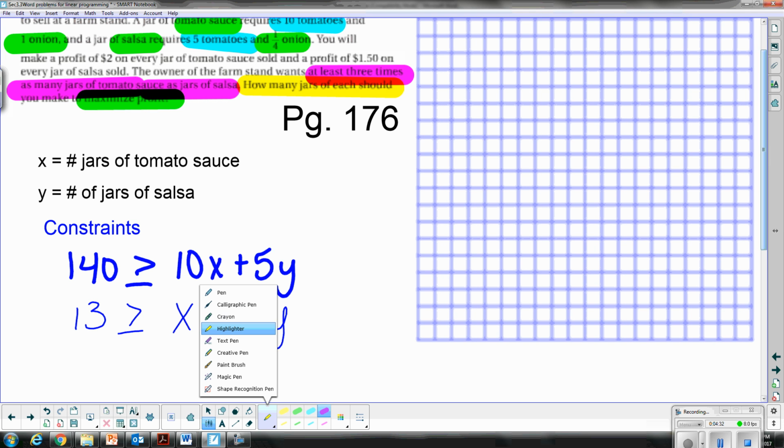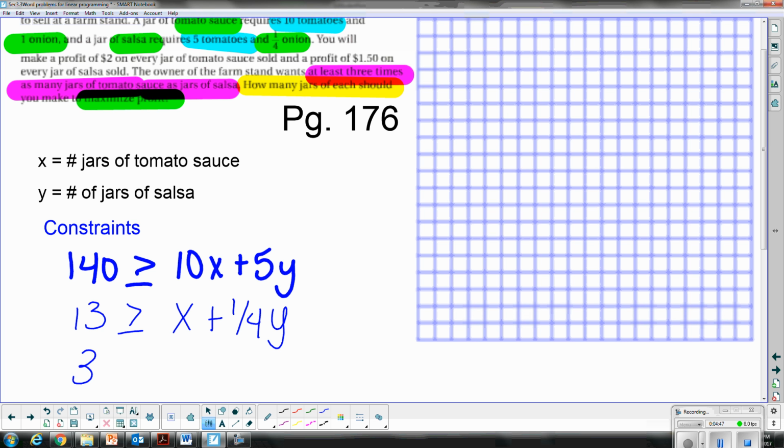So our constraint here is going to be 3y, so 3 times the number of salsa, equals x. So our x is 3 times as big as y. If we sell 1 jar of salsa, we have to sell 3 jars of tomato sauce.